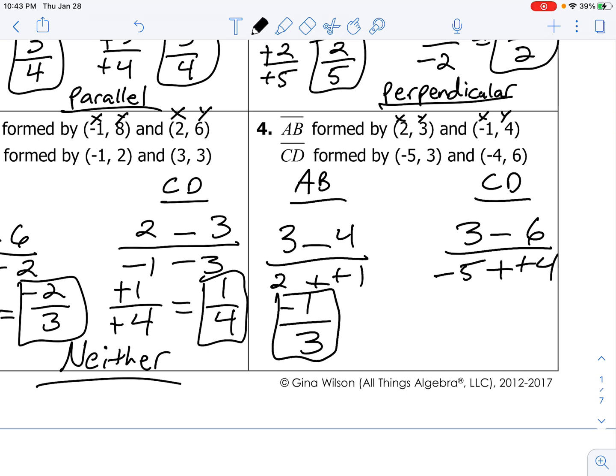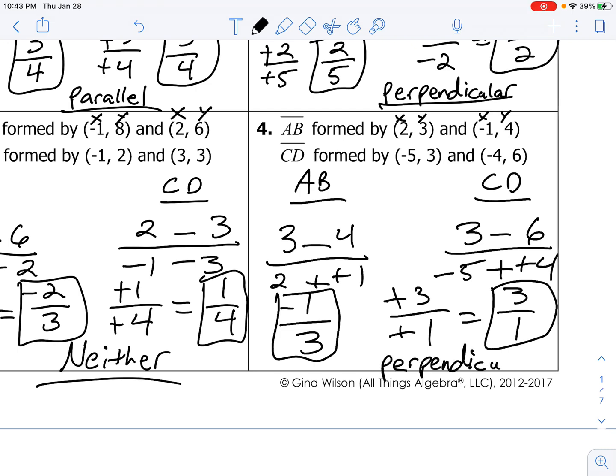So 3 minus 6 is -3. -5 plus 4 is -1. Negative over negative is a positive, so we actually get +3 over 1. So -1 over 3, +3 over 1. You can see that it is opposite and flipped over. That is going to be perpendicular.